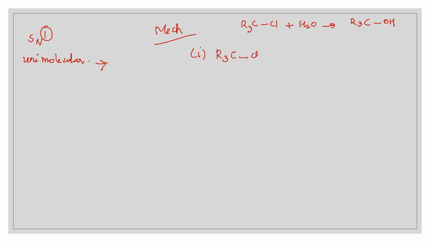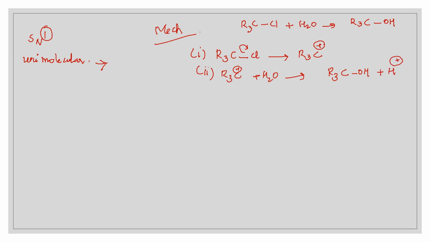Initially, the leaving group, that is the chloride ligand, will leave from the reaction center, which leads to the formation of a carbocation. In the next step, the carbocation will be attacked by the nucleophile to form the product. It also involves the elimination of a proton. So these are the two steps.